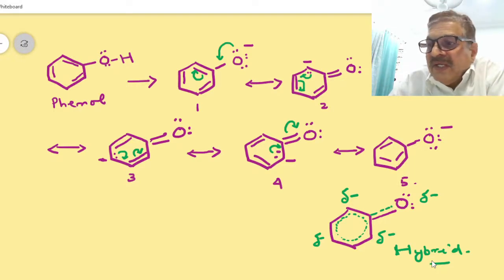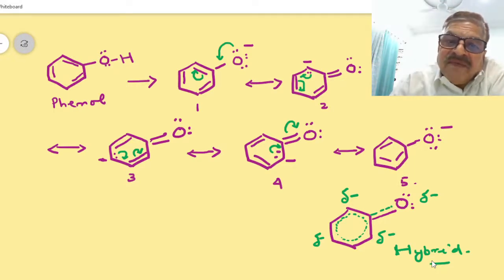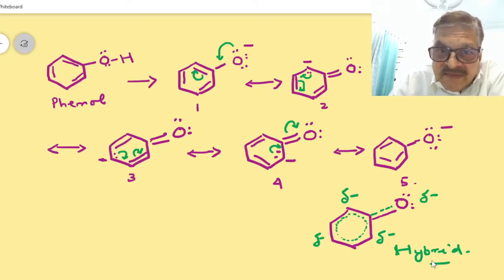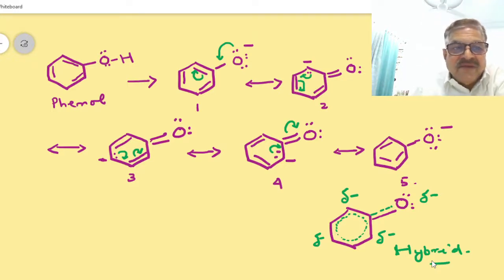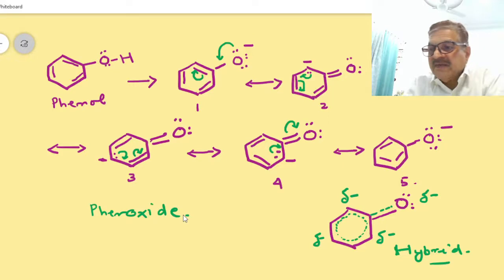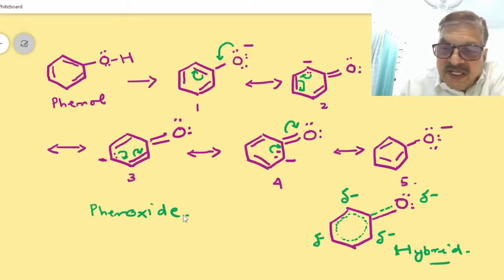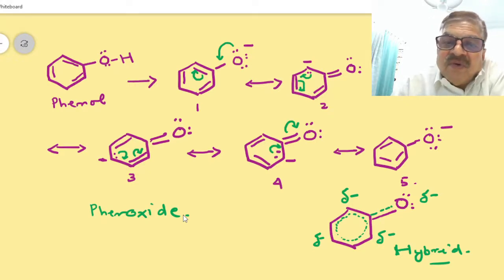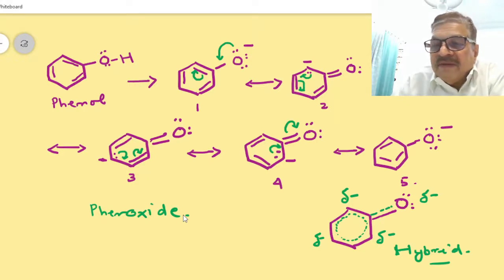Acetate has got two electronegative oxygen atoms, and on those the electron density is delocalized. But in the case of the phenoxide anion, the negative charge is delocalized only on one oxygen atom. So the phenoxide is more stable compared to ethoxide, because in ethoxide there is no resonance stabilization at all.